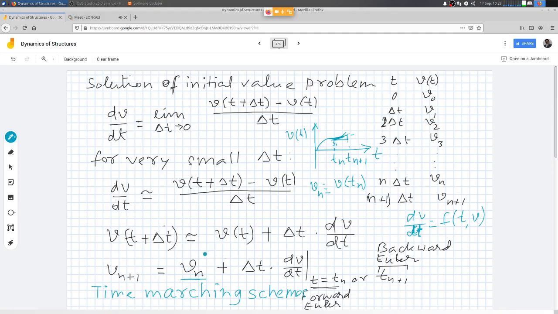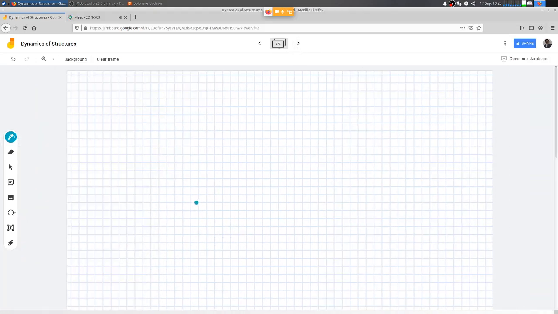So that's how initial value problems are solved. So we need to use this for solution of our equations. So can you handle that?